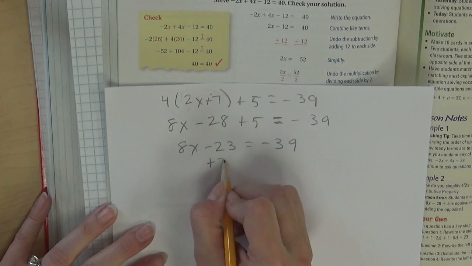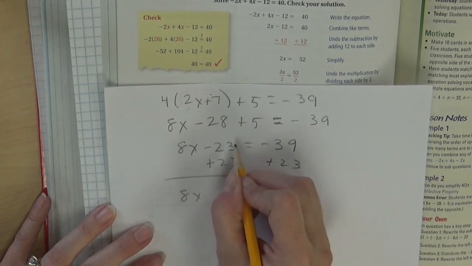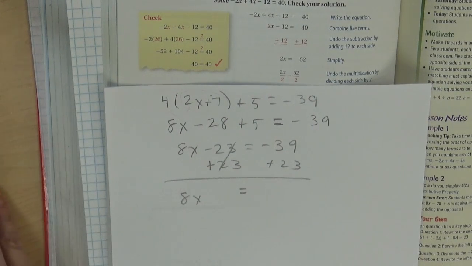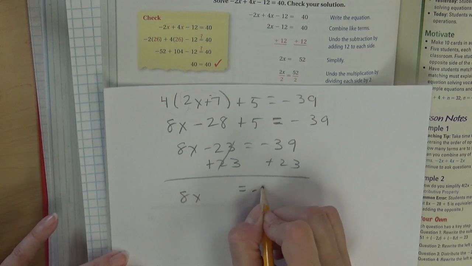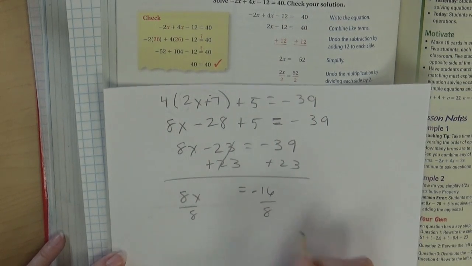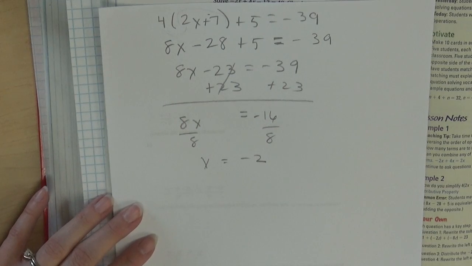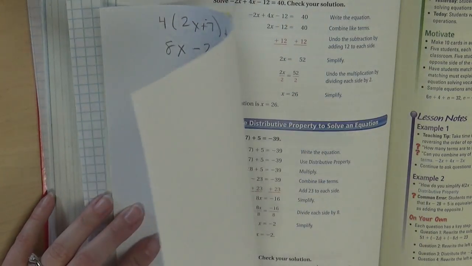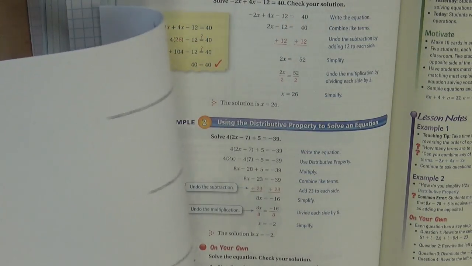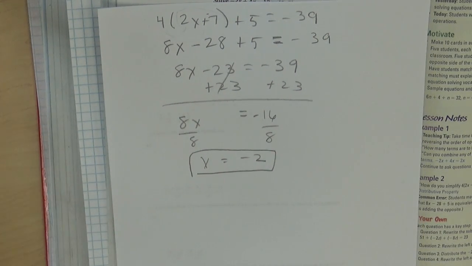Add 23 to both sides, which gives me 8x equals negative 39 plus 23, which is negative 16. Then I divide both sides by 8 to get x by itself, and I get x equals negative 2. That was all they asked us to do, so example 2 gives me x equals negative 2.